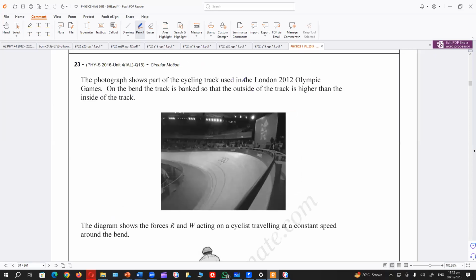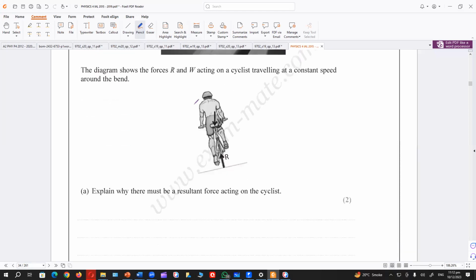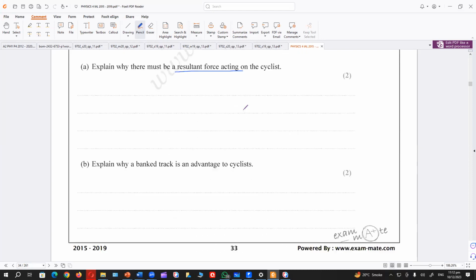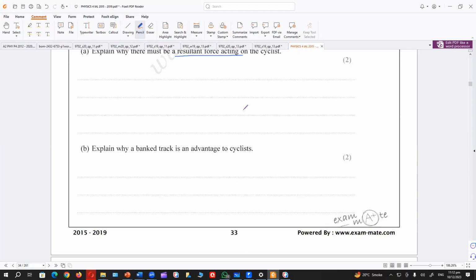In a circular motion you need a centripetal force, so this resultant force is acting on the cyclist. Otherwise, the cyclist cannot accelerate.